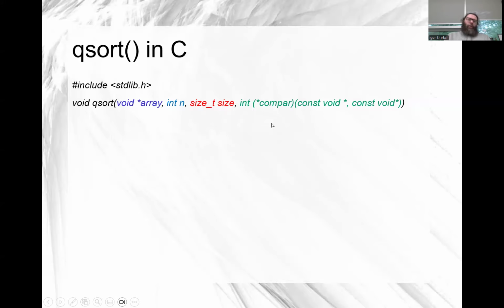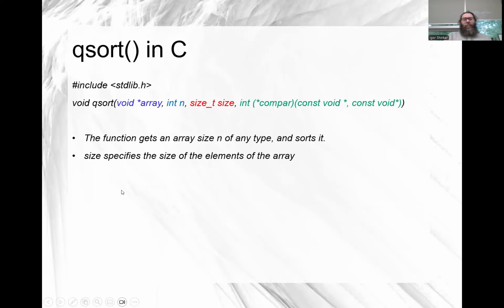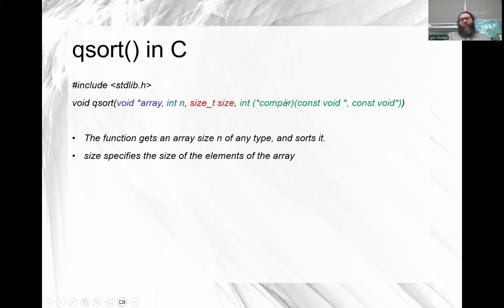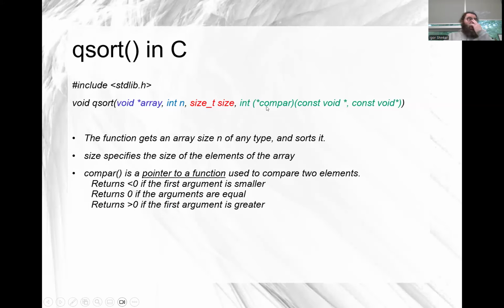But here is the thing. This array can be an array of numbers, an array of students, an array of anything we want. So what does size specify? It specifies the size of an element of the array. And remember we talked about pointers to functions. This compare variable is a function used to compare two elements.